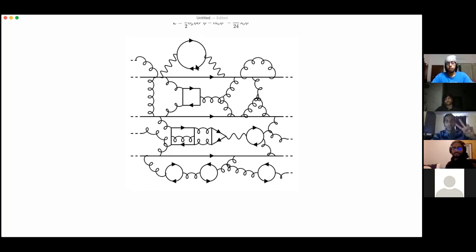I introduced two more cubic vertices, and that's going to be alpha to the power 4. Like this guy has one cubic vertex, two cubic vertices, 3, 4, 5, 6. So it's like alpha to the power 6. So this is much higher order than this, for example.